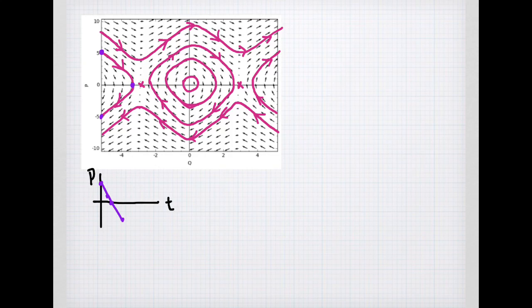If I thought about my q variable for that same trajectory, my q at this first point is at -5 to -3.5 maybe. So I put my axis up higher.